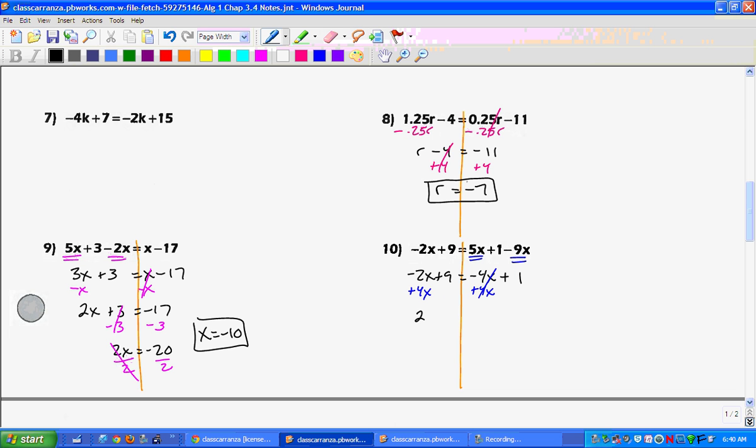Negative 2 plus 4 is 2. We're following SADMAP right now, so I'm getting rid of addition with subtraction. Divide by 2. X equals negative 4.